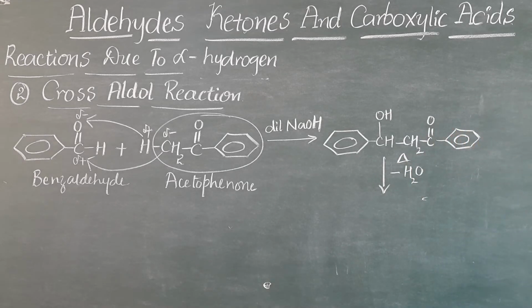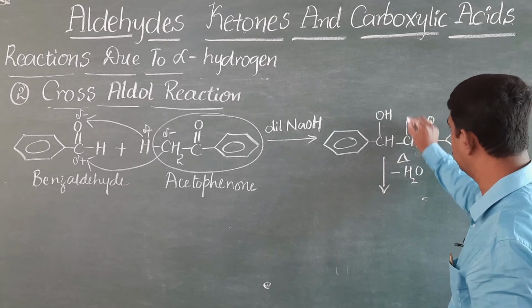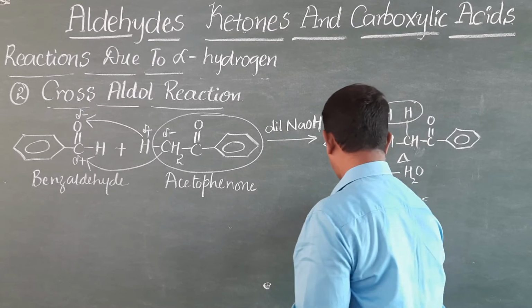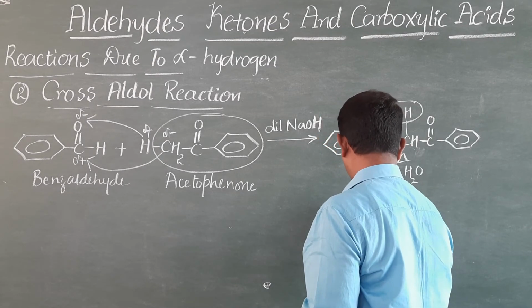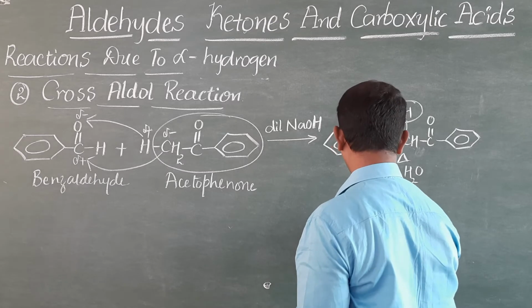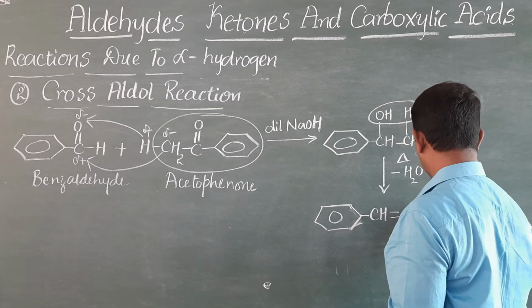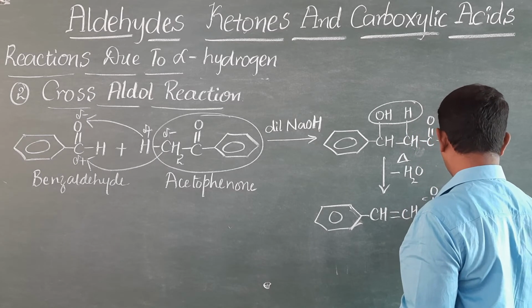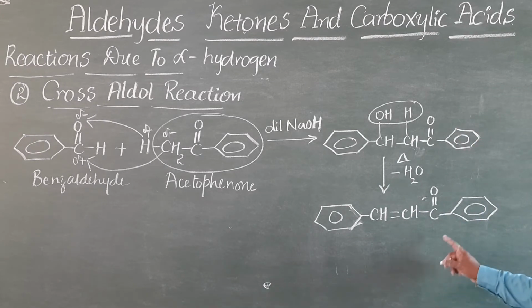This is the alpha carbon, so it will lose one hydrogen. After removal of water, we get the aromatic ring, then CH double bond CH, C double bond O, again a benzene ring. This is the final product.